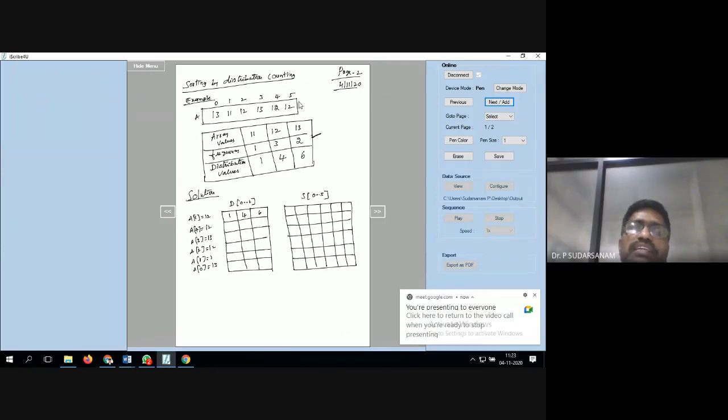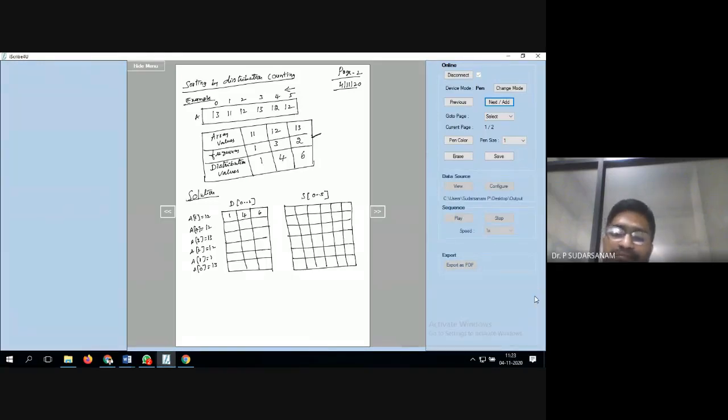So now in the table, what value are we considering? We have to consider it in reverse order. What is the first value in this case? A of 5. 12, sir. Can you speak a bit loudly? I am not able to hear. Yes, sir. 12. So 12 is nothing but what is the distribution? 4, sir. 4. So now you write it here.